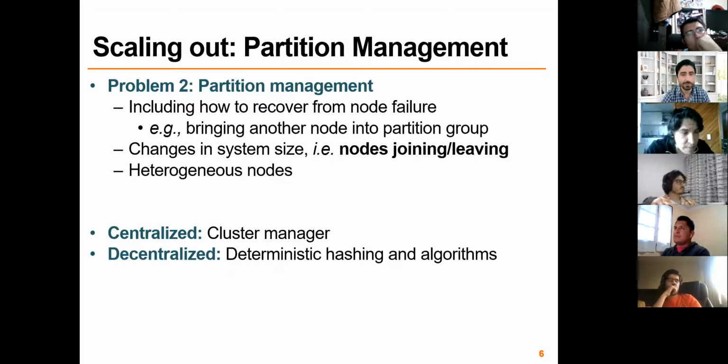Another issue can be heterogeneous nodes. Not all the servers, or all the parts in a physical location, have the same type of characteristics, so they can be heterogeneous nodes.